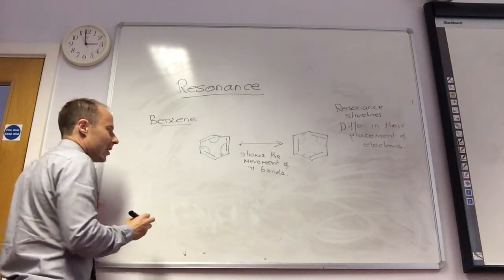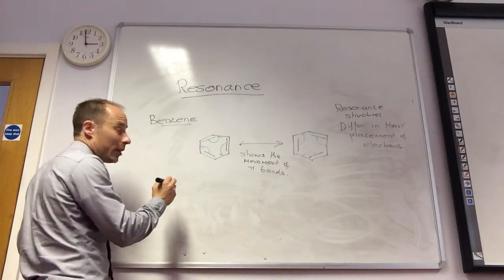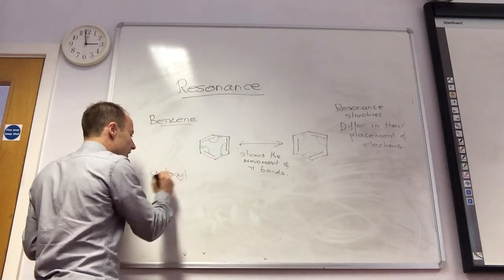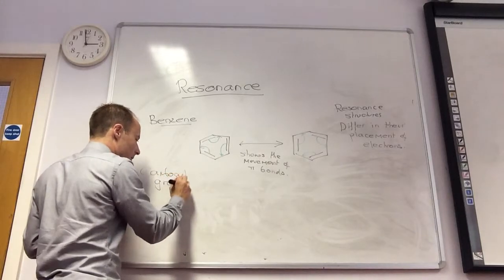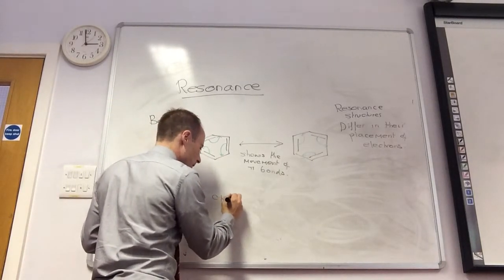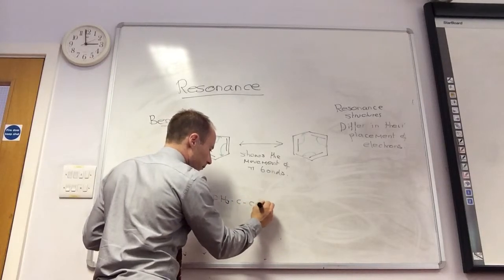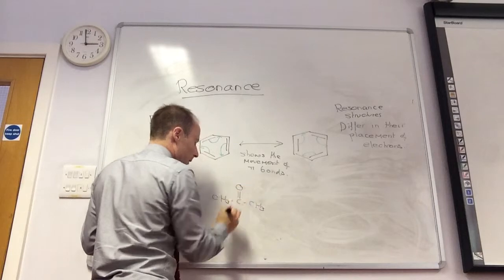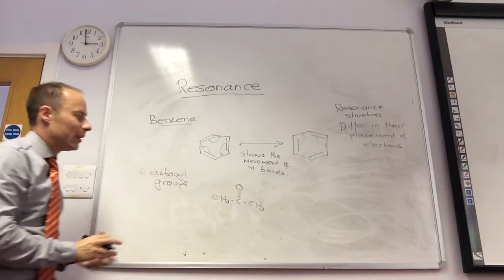So another example of resonance structure involves carbonyl groups, which again we've met before. So if I had propanone, I could draw propanone like that.